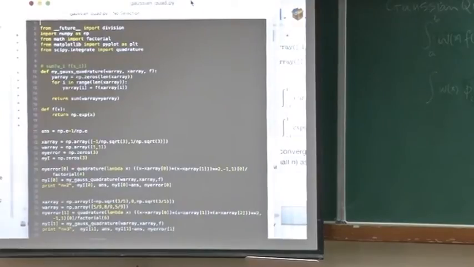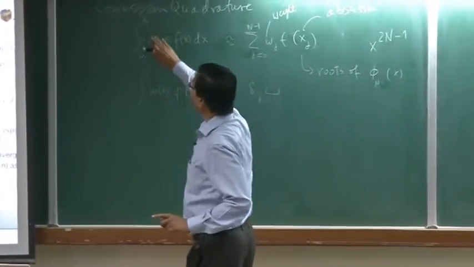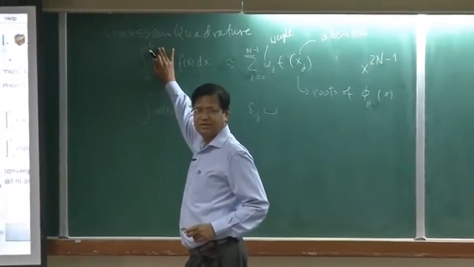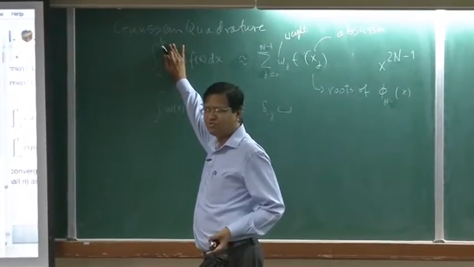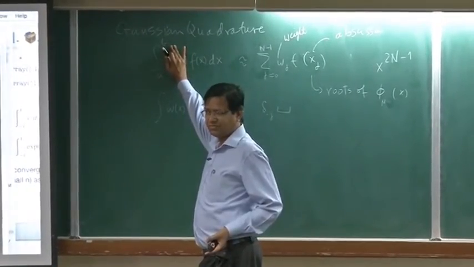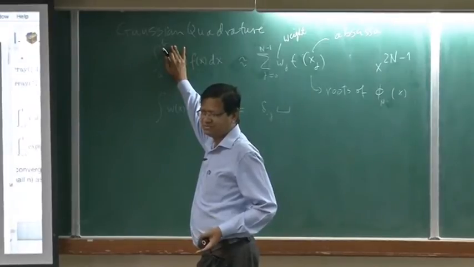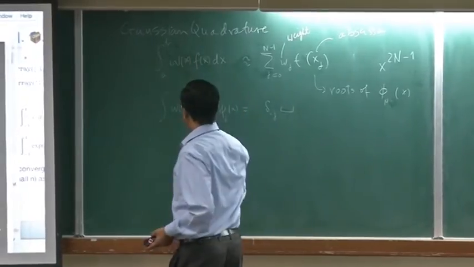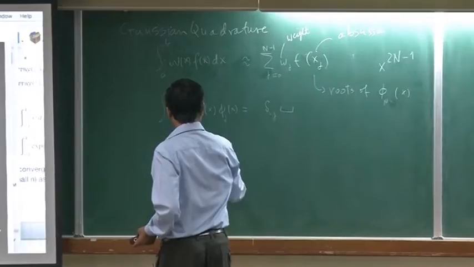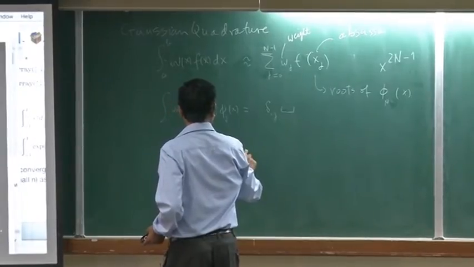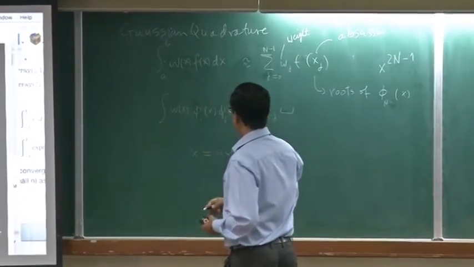So let's take a small detour. I want to do the integral from a to b using Legendre, but Legendre is defined only from -1 to 1. So I make a change of variable. I'll make a change of variable x prime equal to alpha x plus beta.